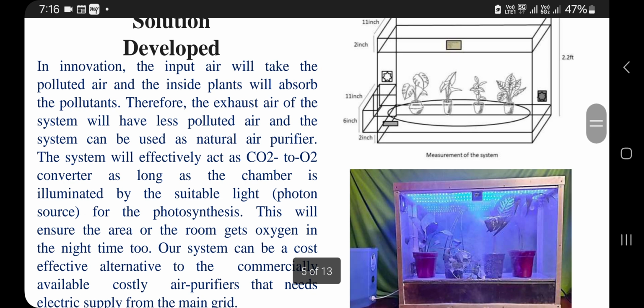The system will be made by simple apparatus, but the main goal is to develop an automated and natural way of purification of air.